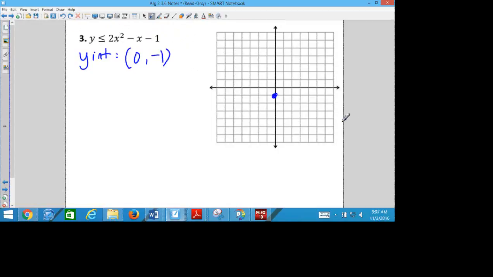Did anybody try to do vertex form for this one? Because it's not a fun one. What did we try? You did negative b over 2a, and you still got a lovely number, didn't you?